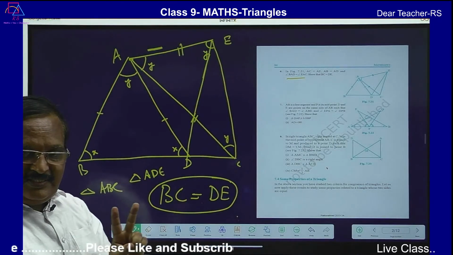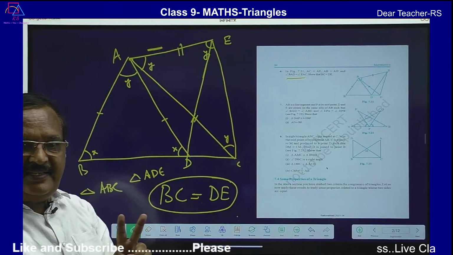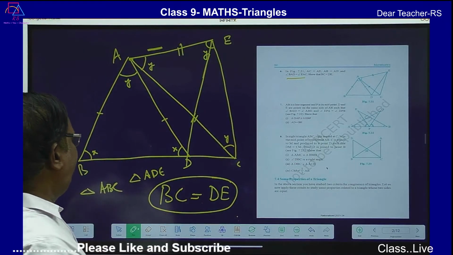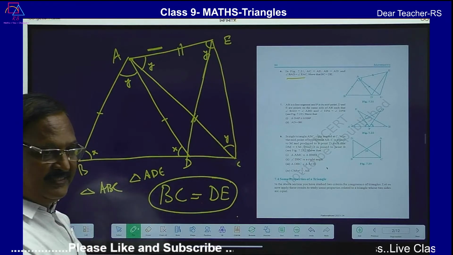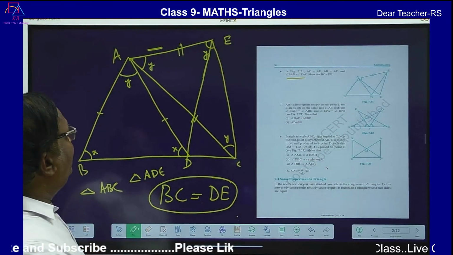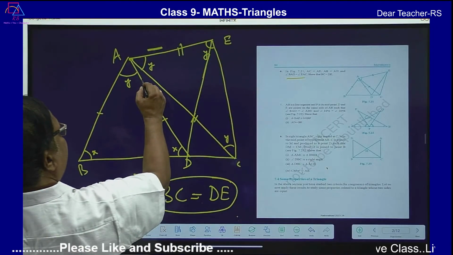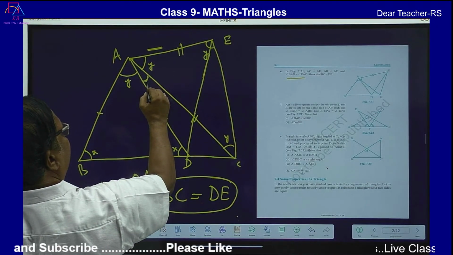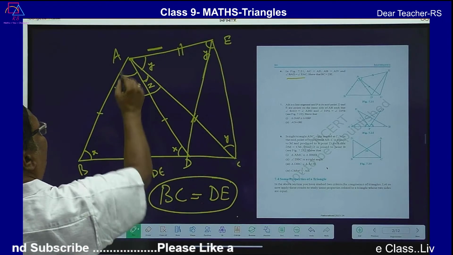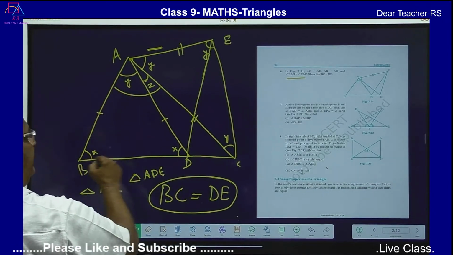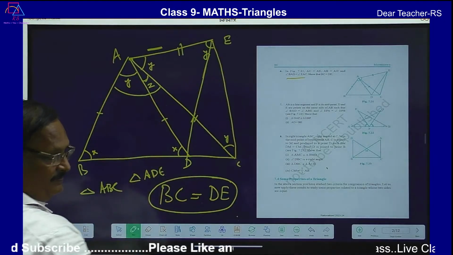So that means two pairs of sides are equal. Okay, two pairs of sides are equal in these two triangles. So now included angle. Say if you say this is some Z, this y plus Z is the angle of A. In ABC, y plus Z.